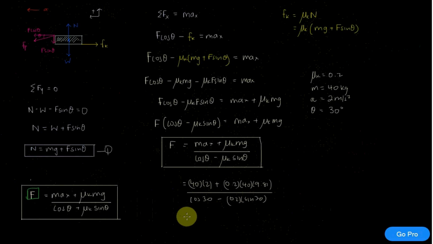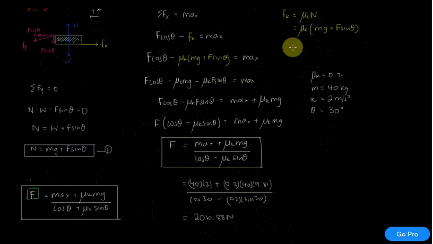Okay, so once I calculate all of that, I sit with a number of 206.88 newtons, which is larger than what I had in the previous one, which was 160 odd something. So it's due to this fact that part of my force is actually pushing this object into the ground, which is increasing the friction.